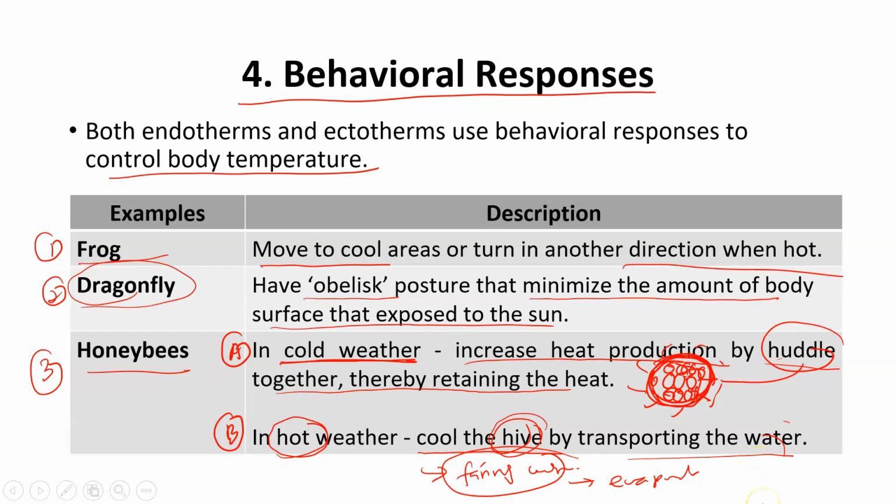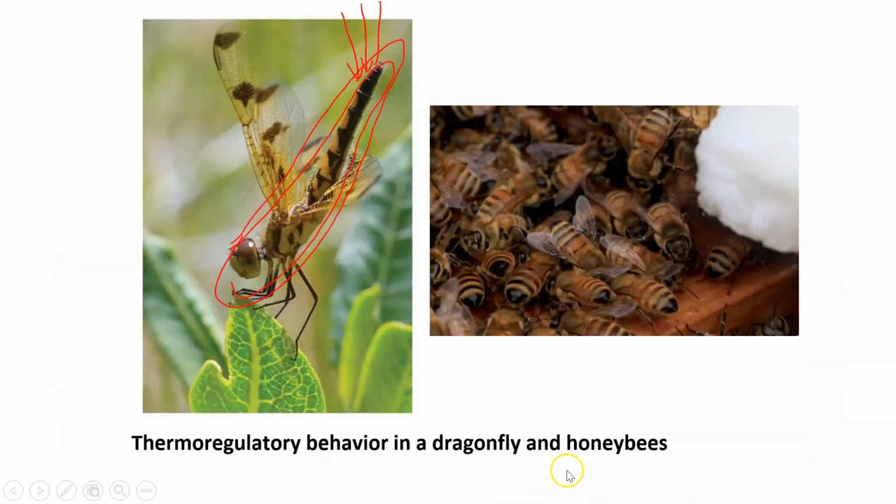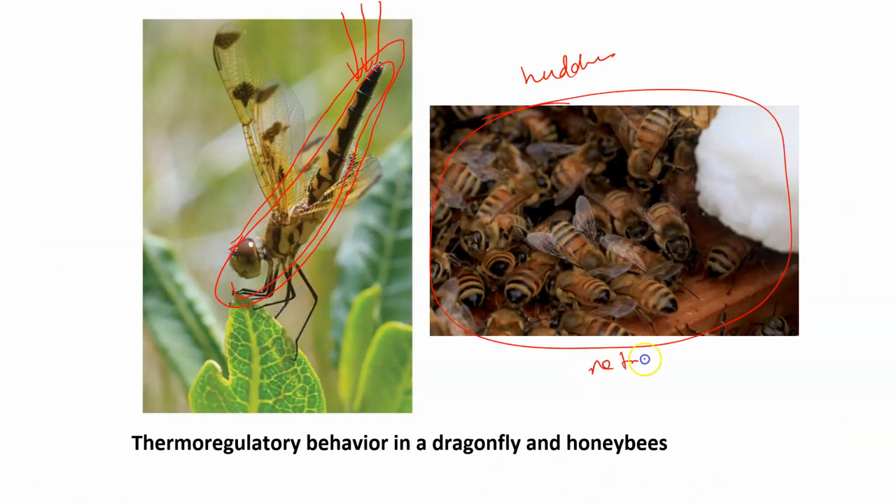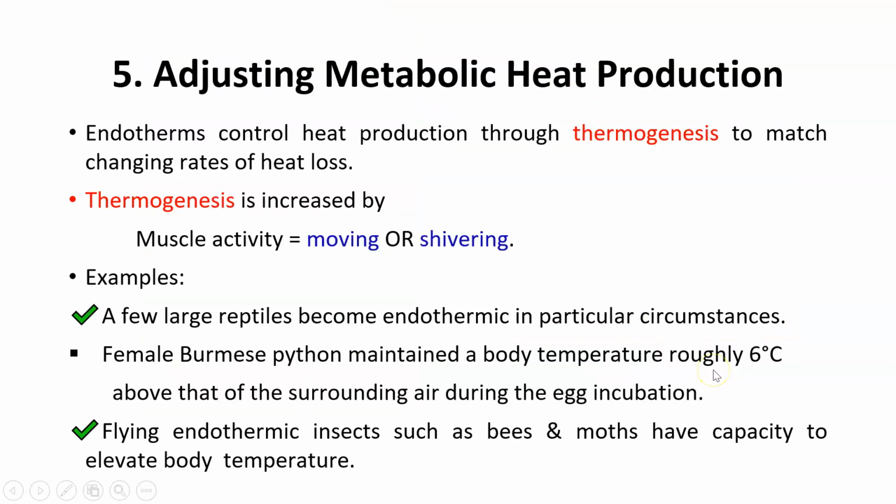Itu cara dia fanning their wings lah. Ambil air and then fanning the wing, that causes evaporation and causes the heat loss from the hives. Okay, so ini huddled together of the bee lah to retain heat. Okay, nak reduce heat loss kalau di dalam keadaan yang sejuk. Kalau panas, bawa air and then fanning their wings.